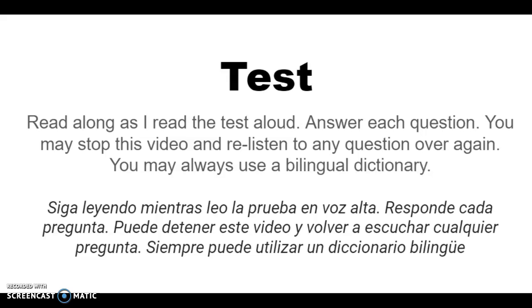Answer option 2, protons are negative, neutrons have no charge, or electrons are positive. Answer option number 3, protons are positive, neutrons have no charge, and electrons are negative. Answer option number 4, protons have no charge, neutrons are positive, electrons are negative.